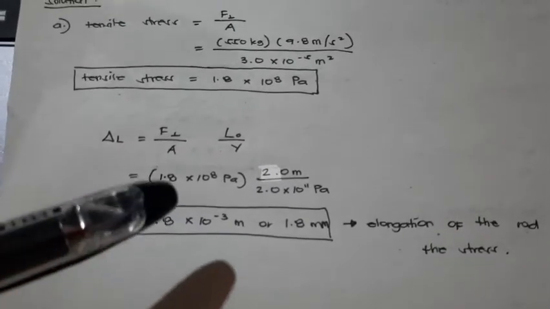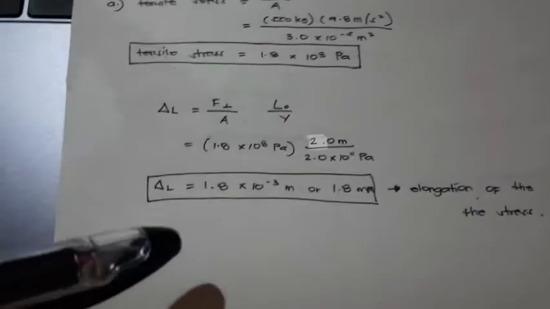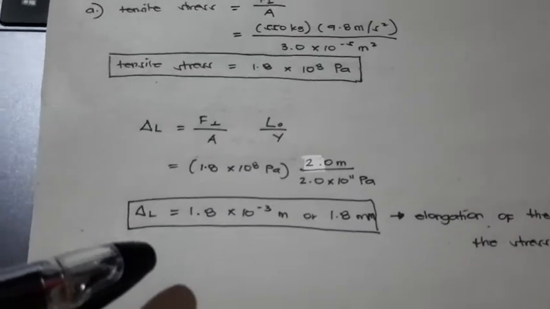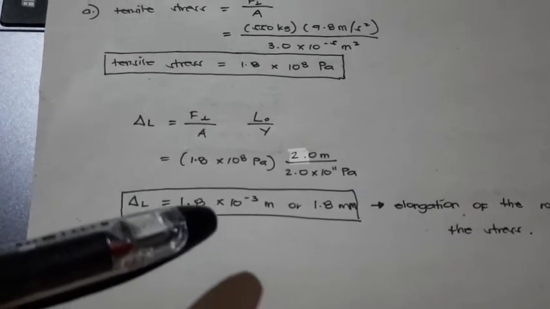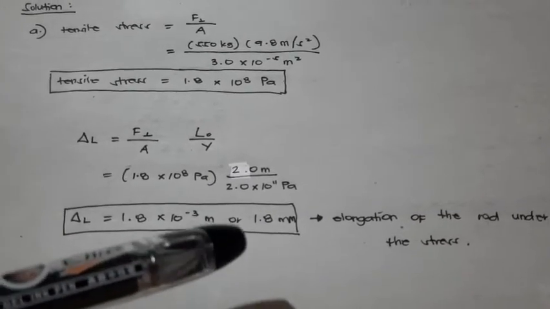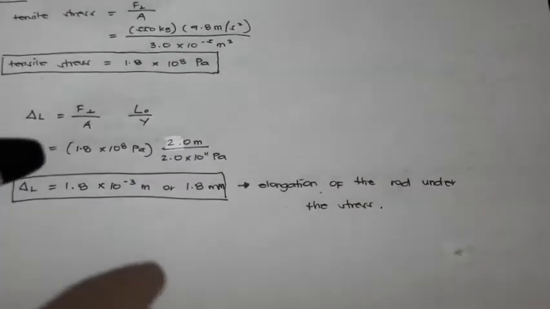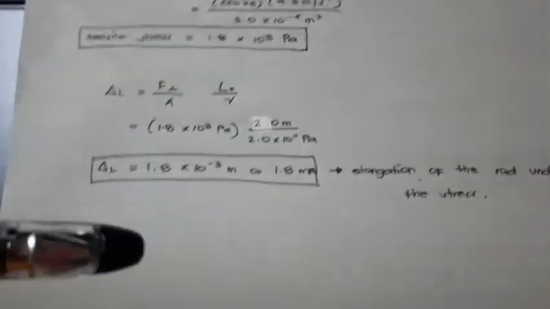So multiply, then simplify, and we can now arrive at this answer: 1.8 times 10 raised to the negative 3 power meter, or 1.8 millimeters. So this is the elongation of the rod under the stress.